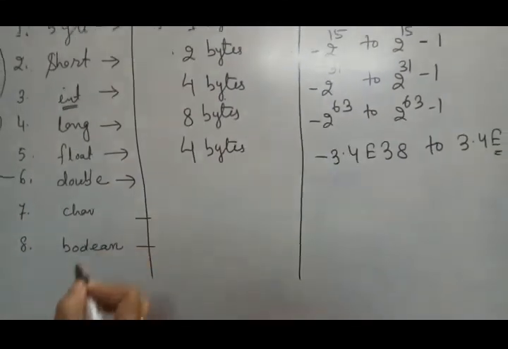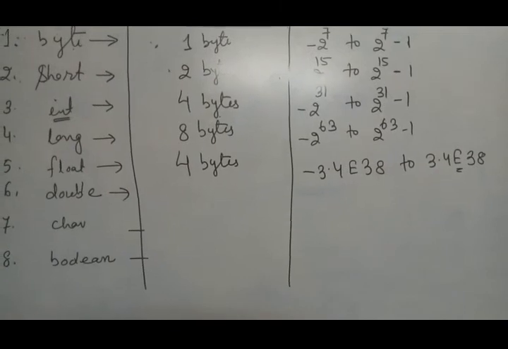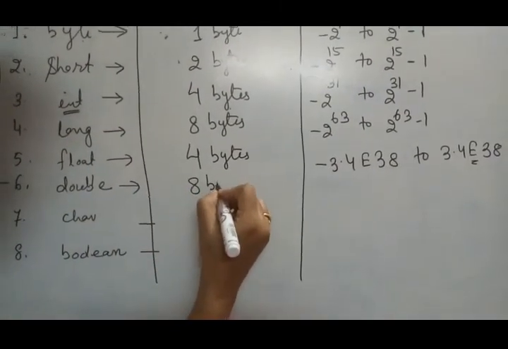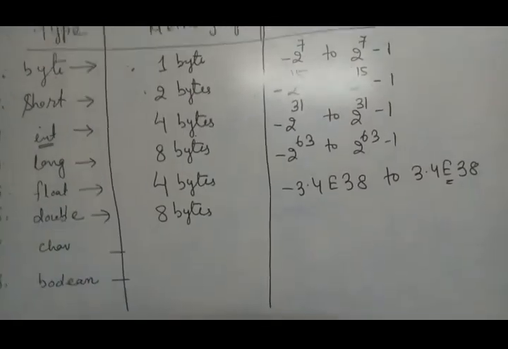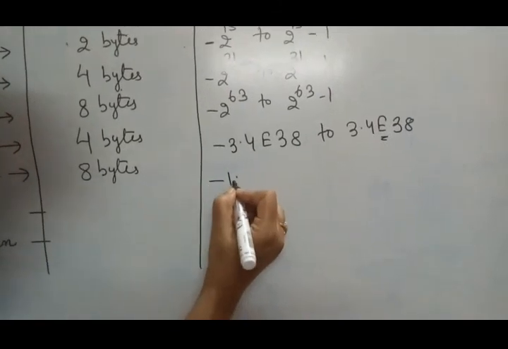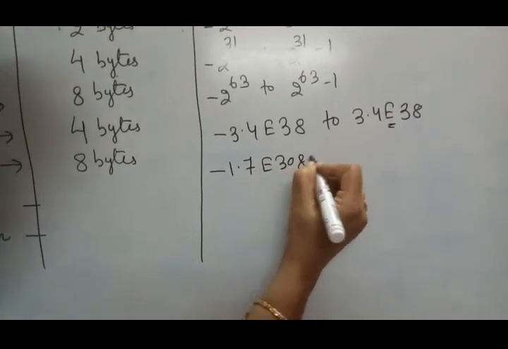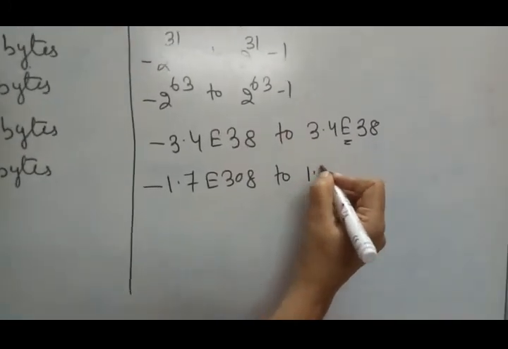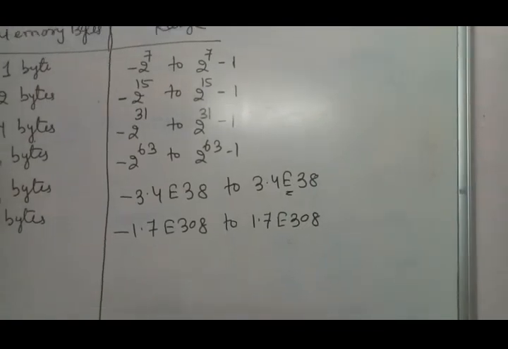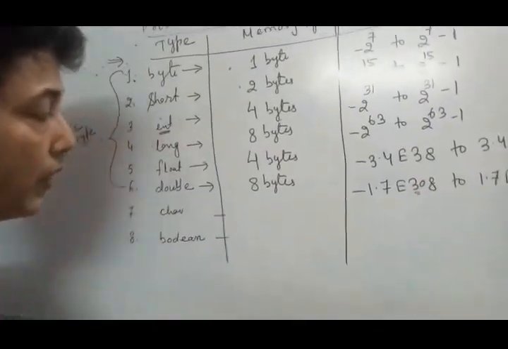It is used to store double precision real, literal or fractional numbers, and it needs 8 bytes of memory, and its range is -1.7e308 to 1.7e308. Here E stands for exponent, that is 10 to the power of that value, this value 308.